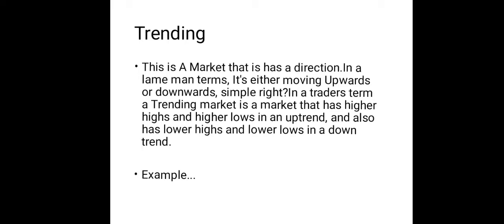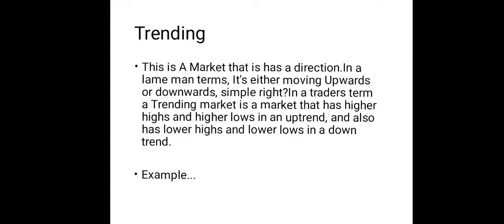Yes, of course, it has a direction, but what direction? Now, here's a trader's perspective of a trending market. A trending market is a market that has higher highs and higher lows in an uptrend, and lower highs and lower lows in a downtrend.